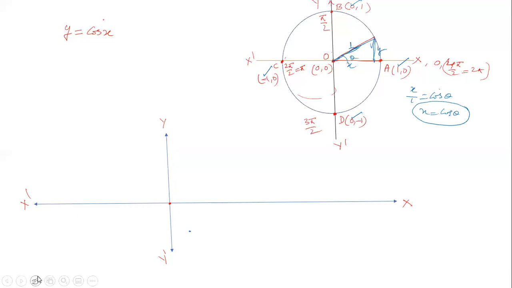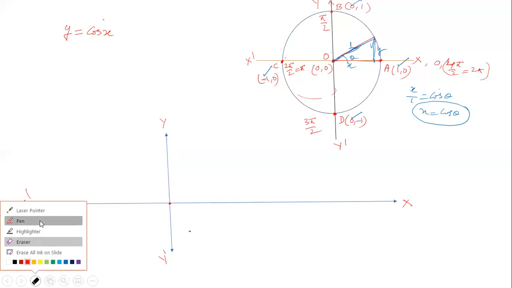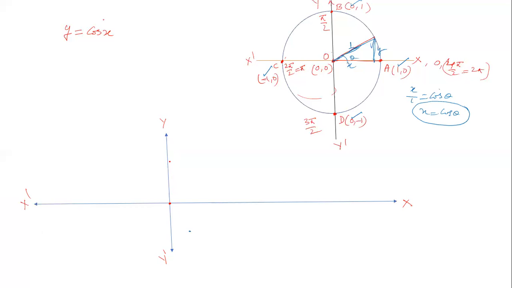So how to take that distance? Let's see. Say this distance is 1. This would be minus 1. Be very careful about distance. It should be equal.